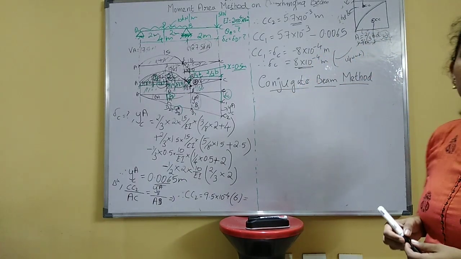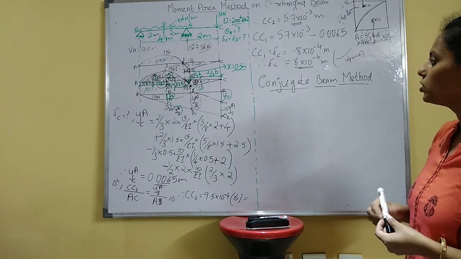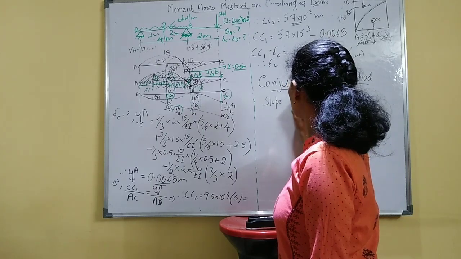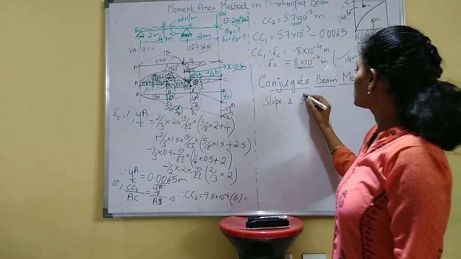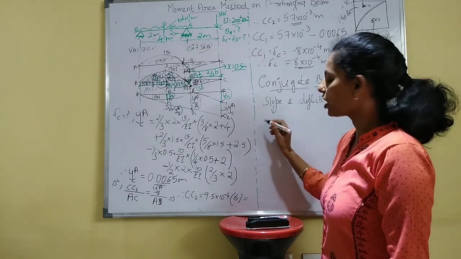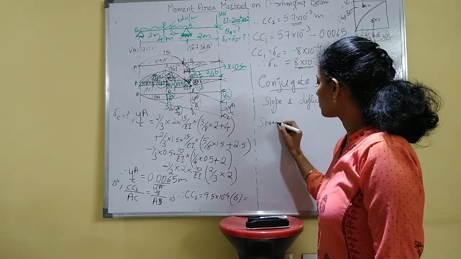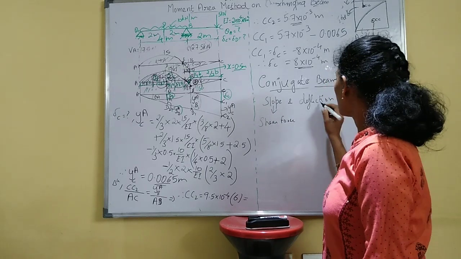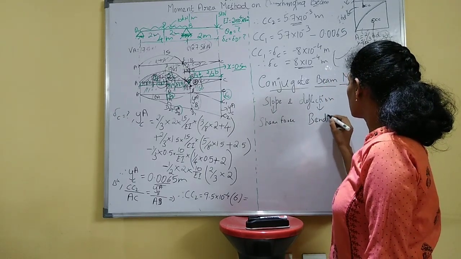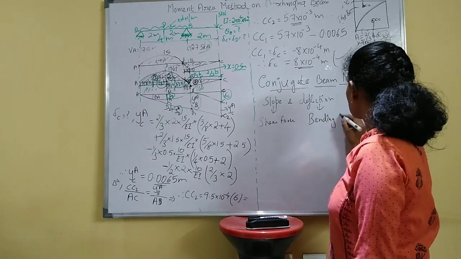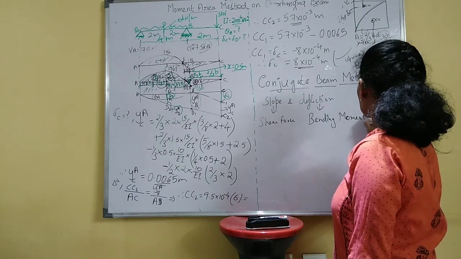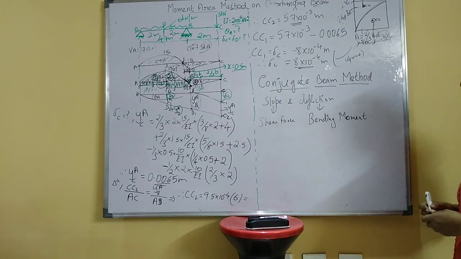In this conjugate beam method, to find this slope and deflection, for slope you have to consider the shear force of the beam, and for deflection you will take the bending moment of the beam. Only that is the difference while calculating using the conjugate beam method.